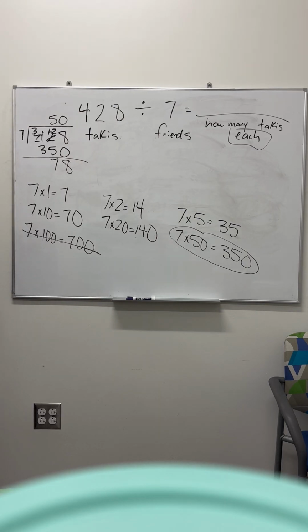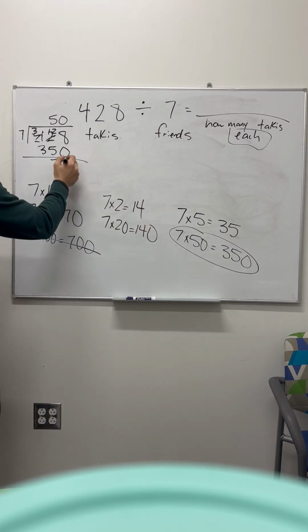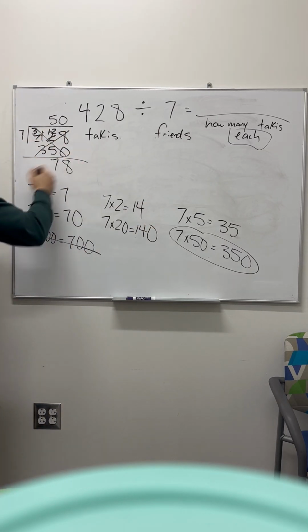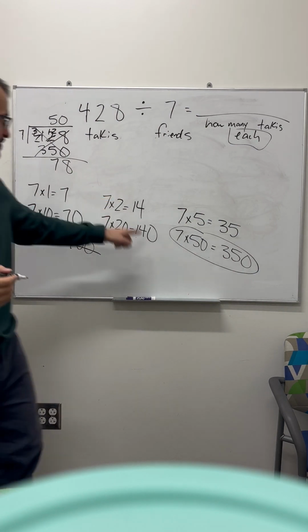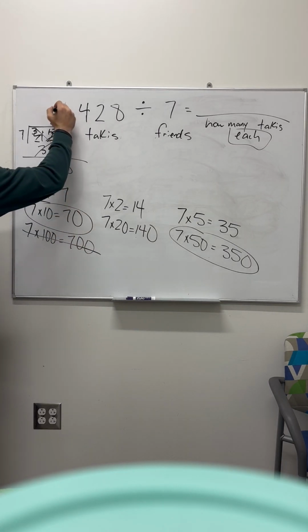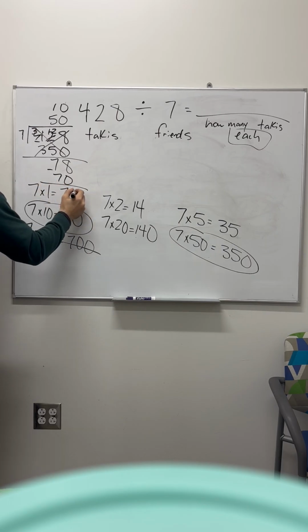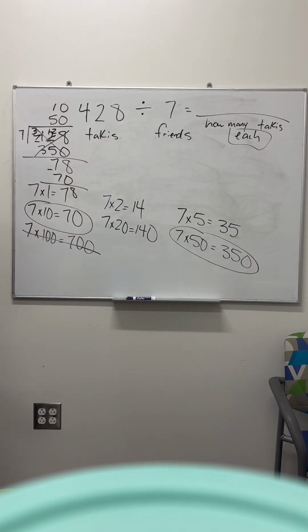And I now get 78, okay? Now, what other choices should I pick if this now is my new number? So I did all of this. What number now is closest to 78? Well, I'm gonna pick this one, 10. I'm running out of space again, but I get 8 left over.